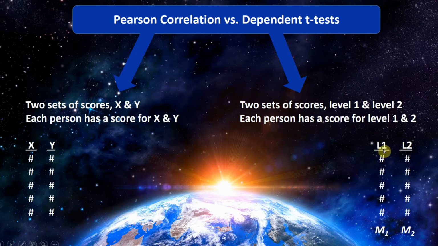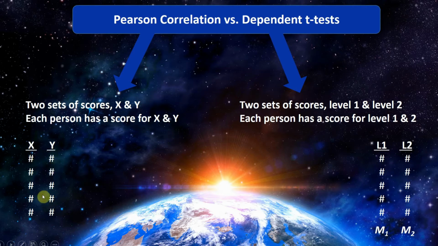And each person contributes a score for 1 and a score for 2. So these two scores come from the same person, Dr. X. These two scores come from the same person, Dr. Y. These two scores come from the same person, Dr. J, etc. Okay, so if we just look at the way the data is organized, it looks very, very similar.